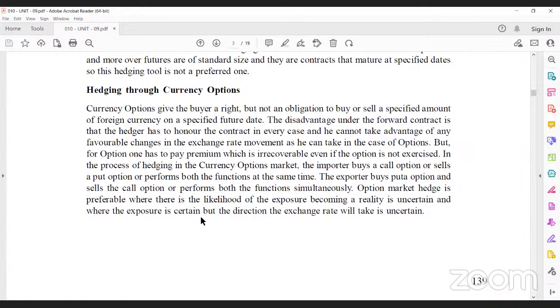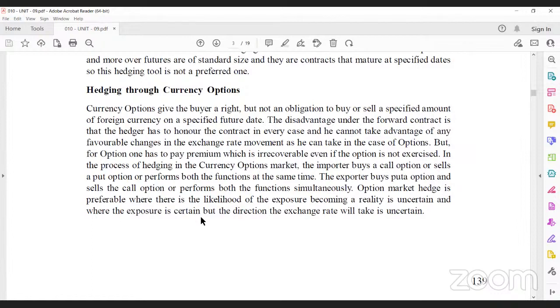The disadvantage under the forward contract is that the hedger has to honor the contract in every case, and cannot take advantage of any favorable changes in the exchange rate movement, as can be done in the case of options. In an option, one has to pay a premium, which is not recoverable if the option is not exercised.